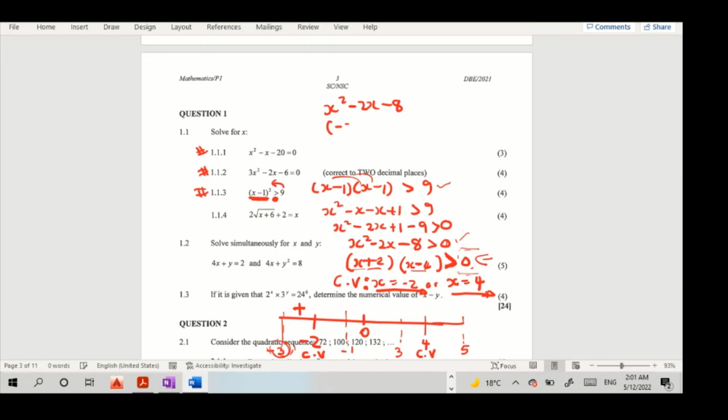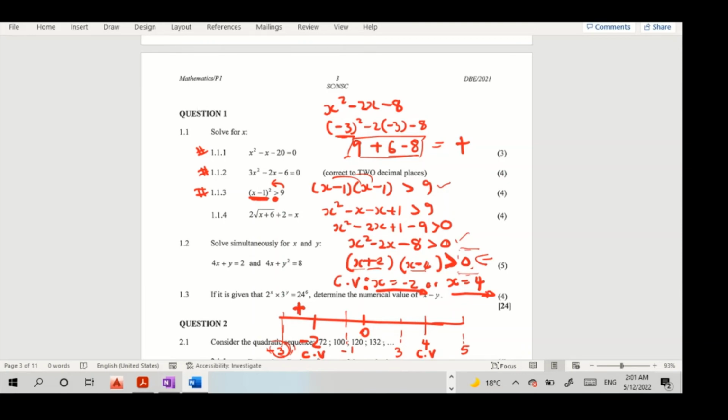So it's minus 3 whole squared minus 2 into minus 3 minus 8. So this will give you 9, and then plus 6 minus 8, right? So you add everything together, and you don't have to look for a specific number. You're just interested in the sign, and you're going to get a positive sign in the solution of this number. Hence I wrote positive here.